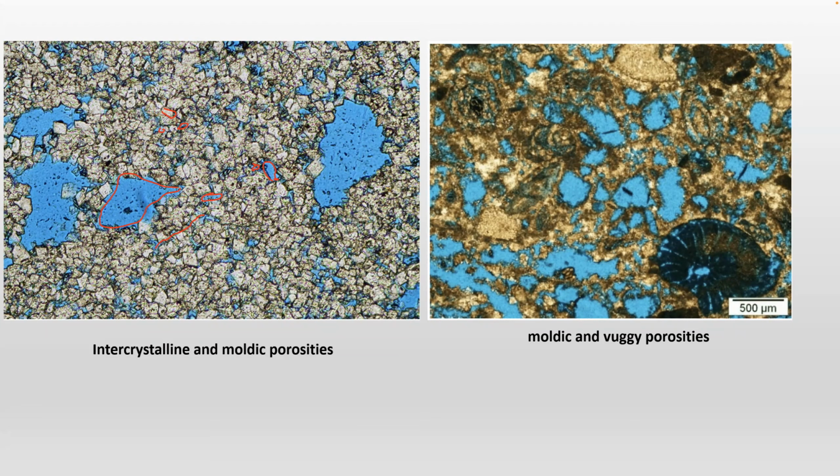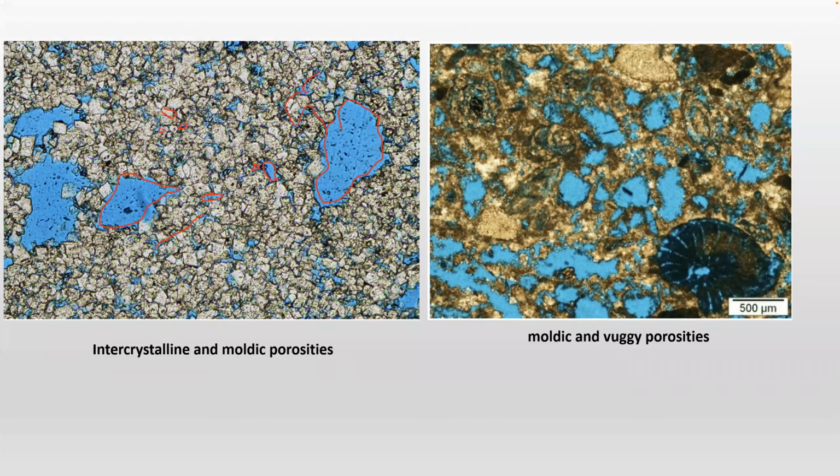This sediment converts to dolomite, and maybe they are shadows of some sort of carbonate, or maybe at first you have a vuggy porosity, and after that you have this type of dolomitization, and so they are connected to each other. Look at this one.